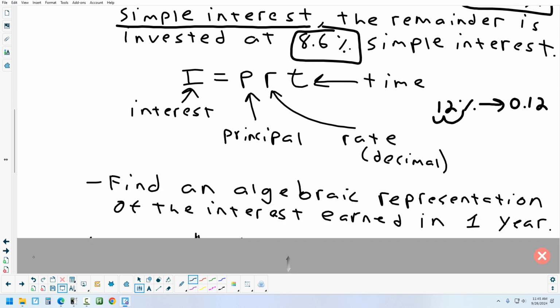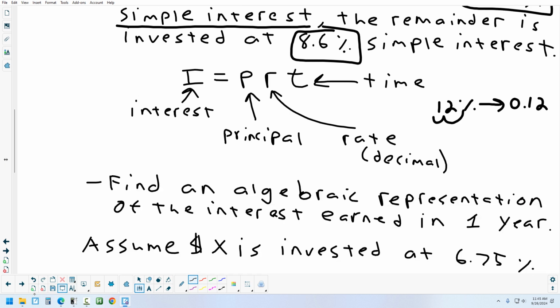Since we don't know, let's let X be the amount of money that he puts in the first investment, 6.75%. Using that variable, X, I want to find an equation that represents the amount of total interest that he earns in 1 year.